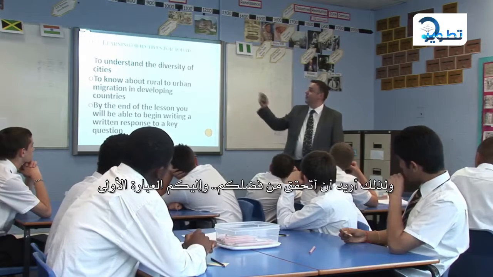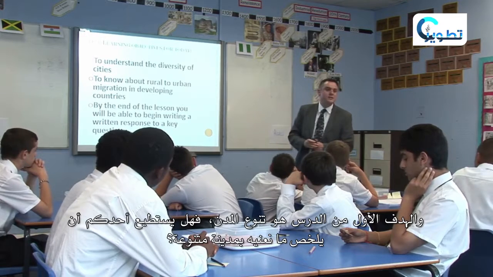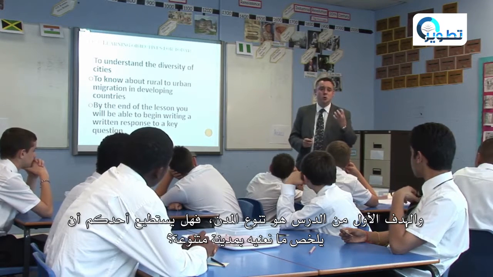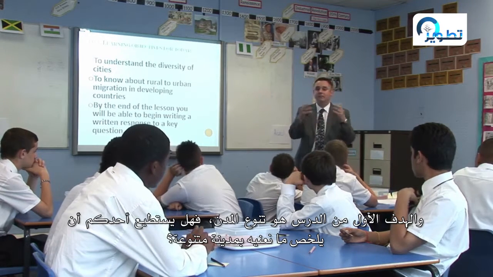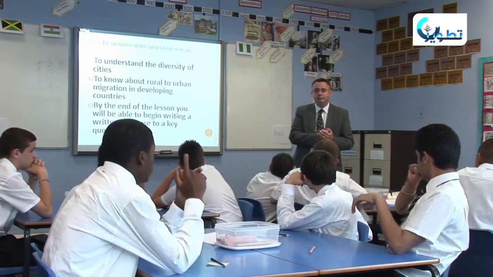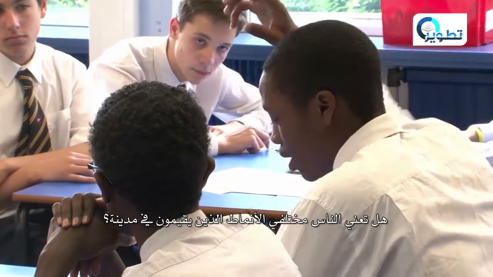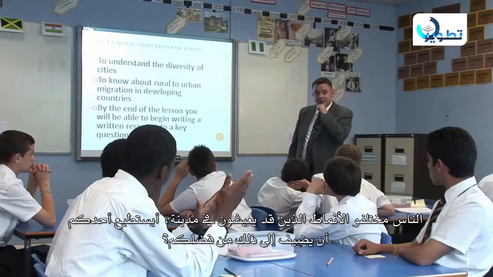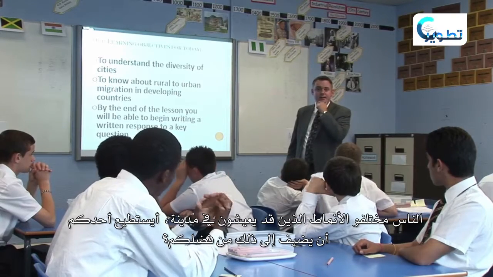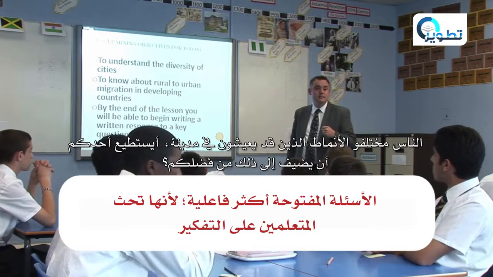The first phrase really is the first lesson objective, diversity of cities. Can someone just sum up what we mean by a diverse city, a city of diversity? Does it mean like the different type of people that live in the city? The different types of people who might live in the city. Could anyone add to that, please?